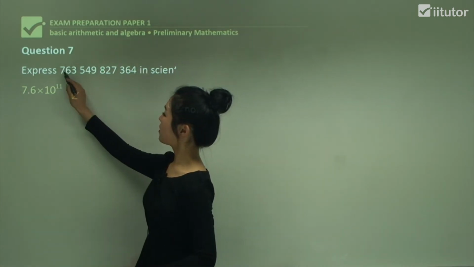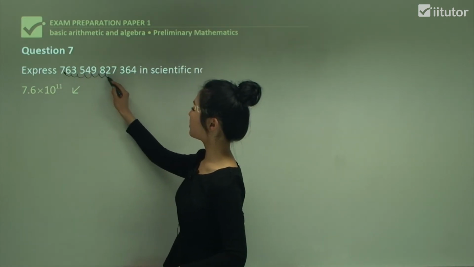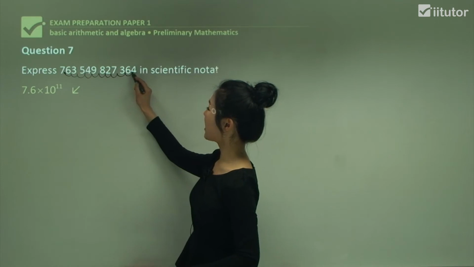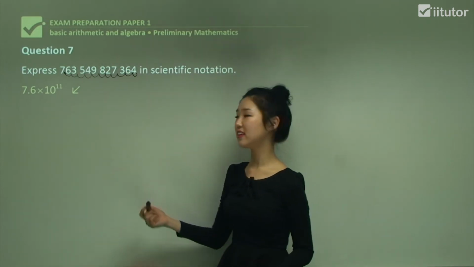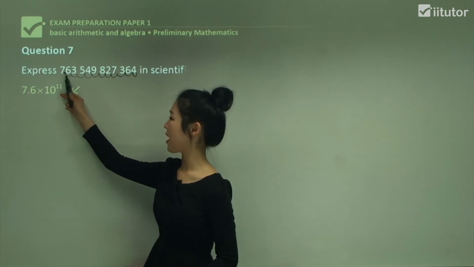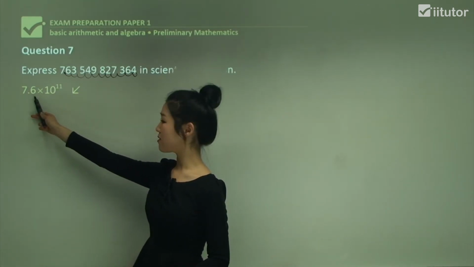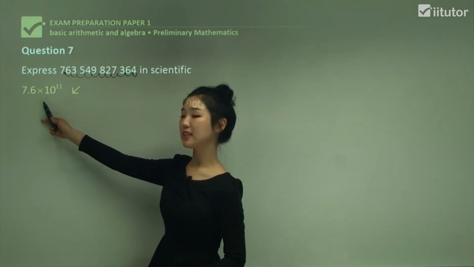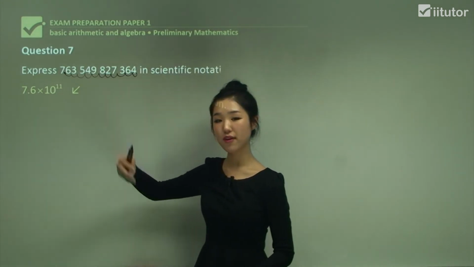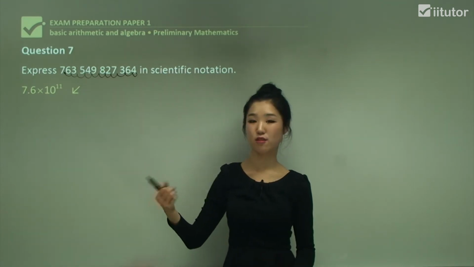Well, from here, I have 1, 2, 3, 4, 5, 6, 7, 8, 9, 10, 11. So 11 decimal places to the right, I need to go from that point there. So 7.6, put your decimal point after the 7, and then we're going to times that by 10 to the power of 11. Because remember, as I counted, it's 11 places to the right.